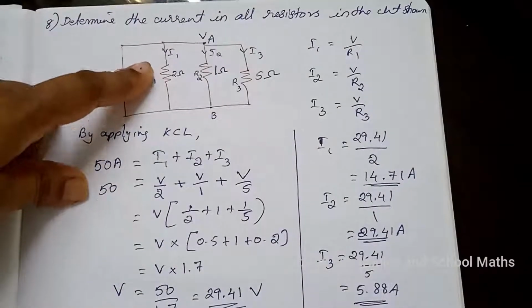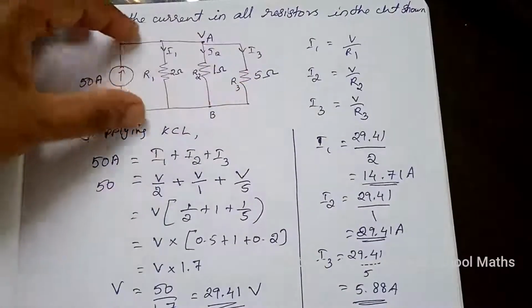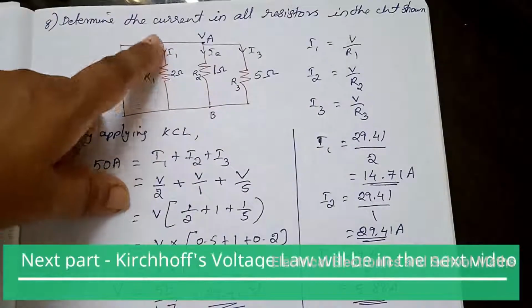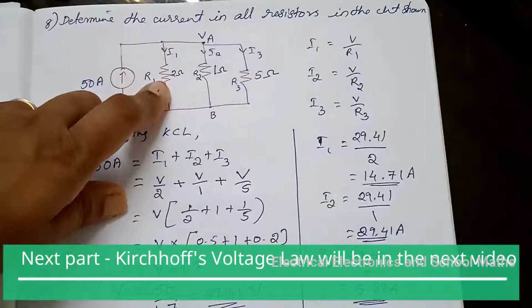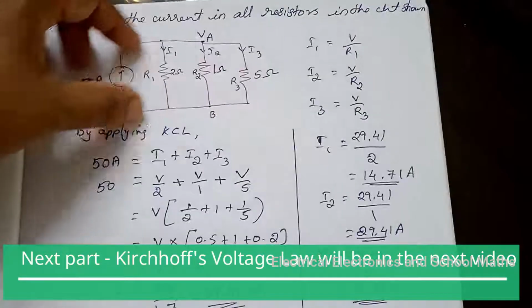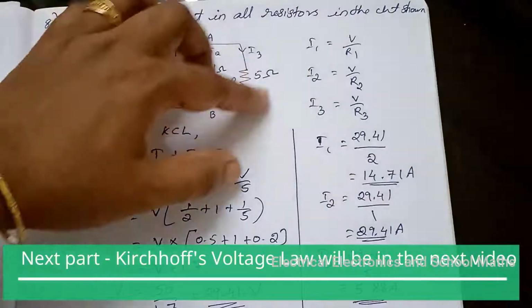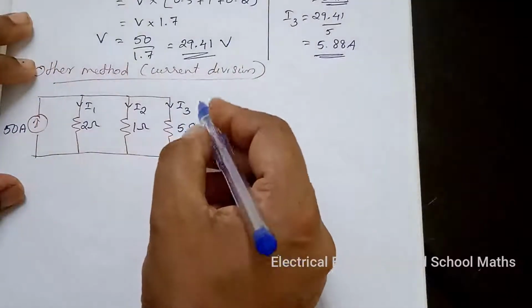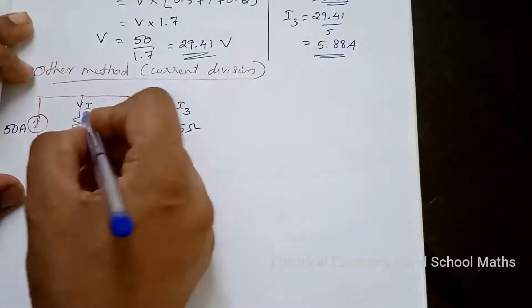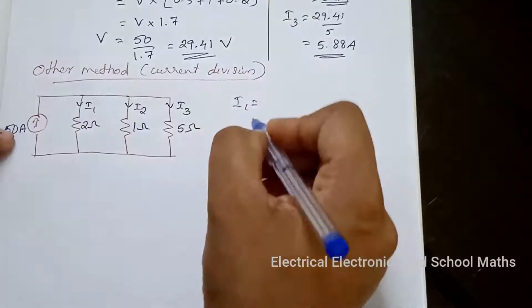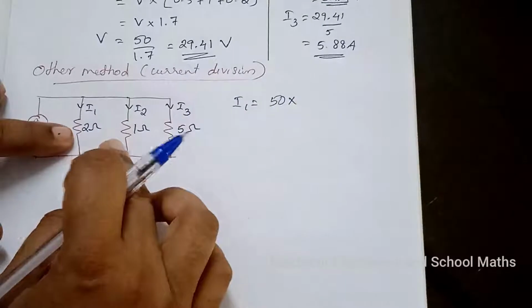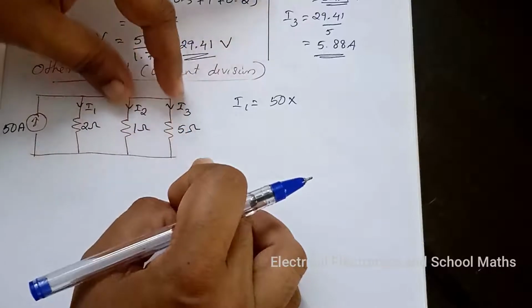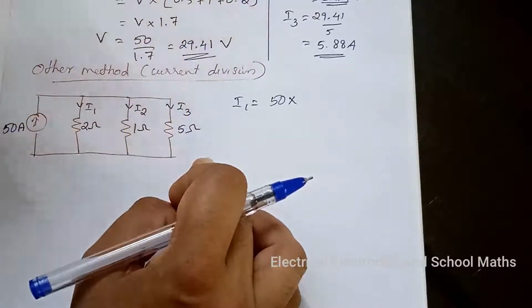In this problem, we can also find the current flowing through these resistors by the current division rule. That is, the current flowing through a resistor will be equal to total current into resistance through the other branch divided by total resistance. By the current divider rule, I1 will be equal to total current into resistance through the other branch. Here there are two resistors in parallel, so the equivalent resistance of these resistors should be taken.